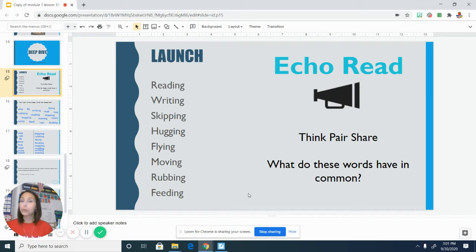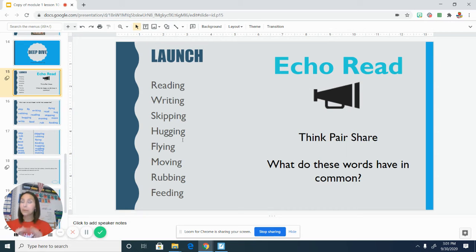You may have also noticed that these words all sound the same at the end, right? Listen to a couple of these again. Reading, writing, skipping, hugging. What do you notice is at the end of all of those words in the list? Yes, ing, or the word part ing.